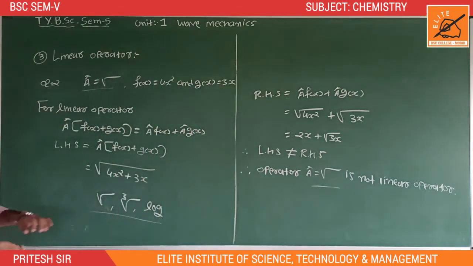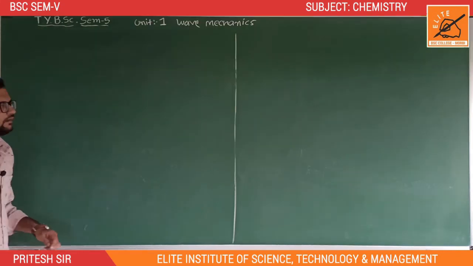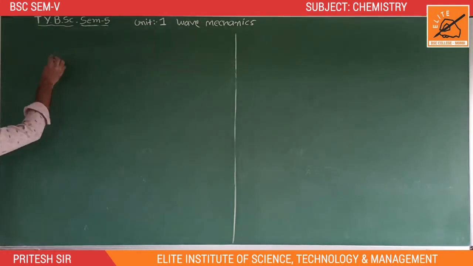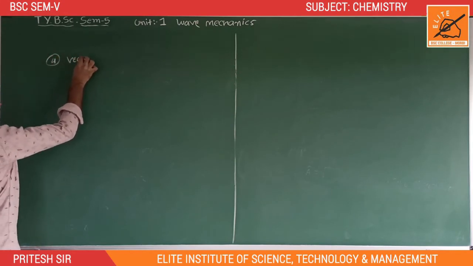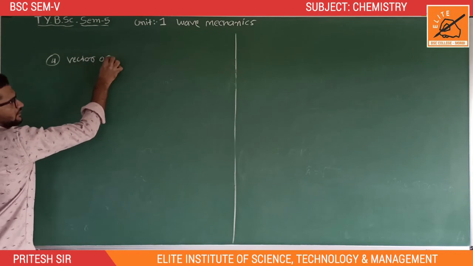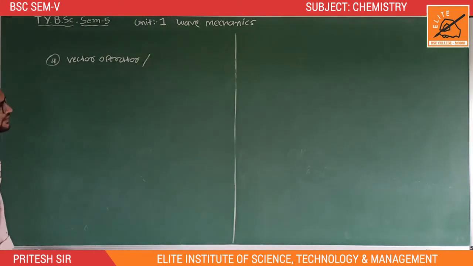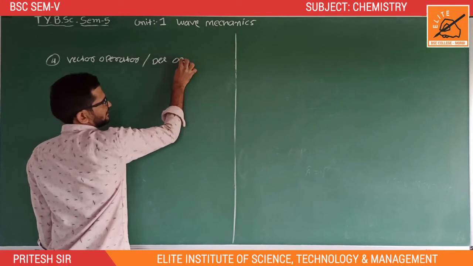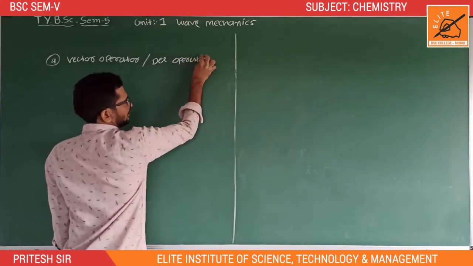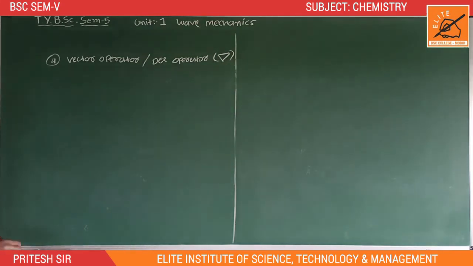Okay, so this is the basic third type of operator, that is the linear operator. Now the fourth operator, operator number 4, is the vector operator, also known as the del operator. So what do we mean by a vector or del operator?